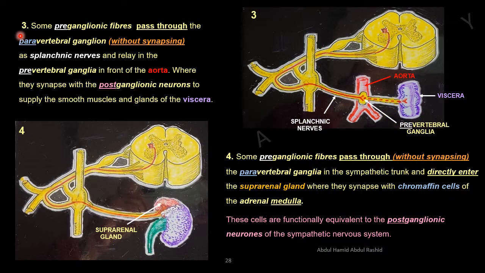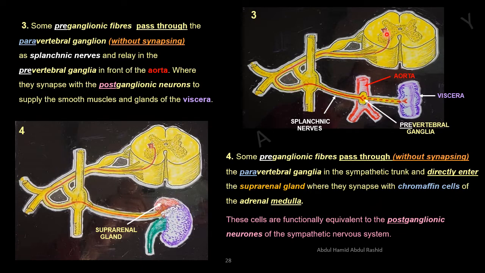In the third group, if you see here, it looks very simple. Here is the first order neuron. This is the continuous line. These are myelinated fibers and not synapsed yet, white in color.